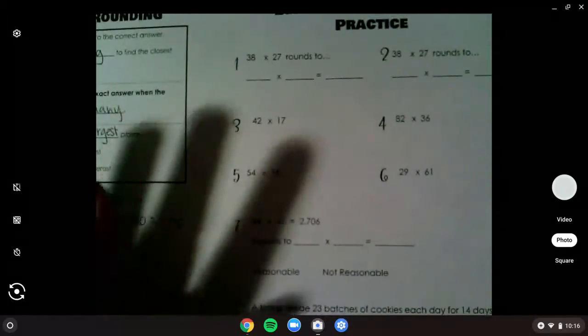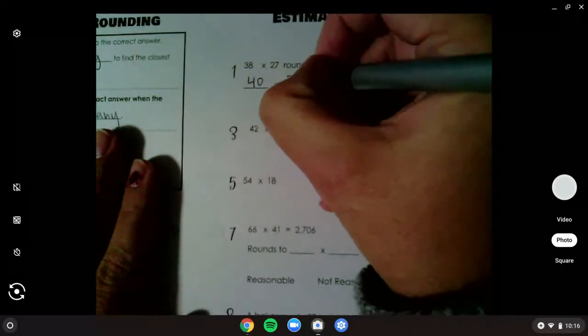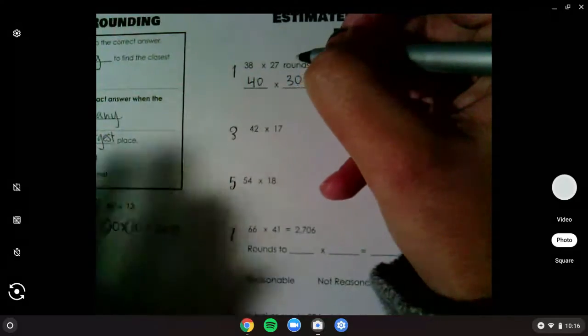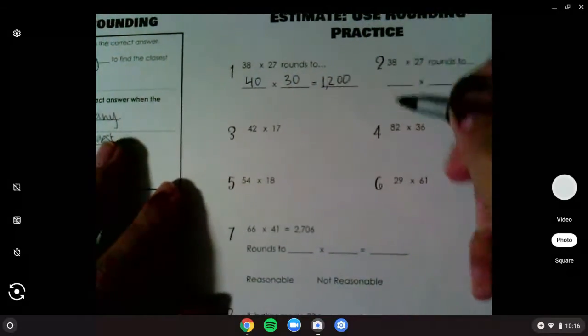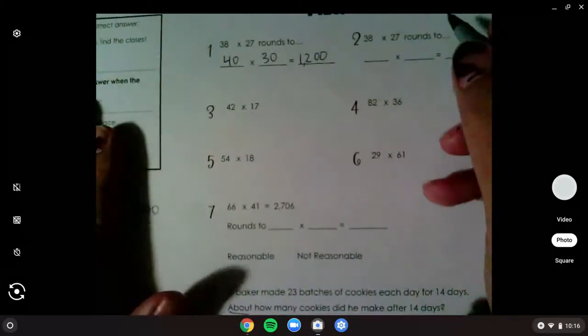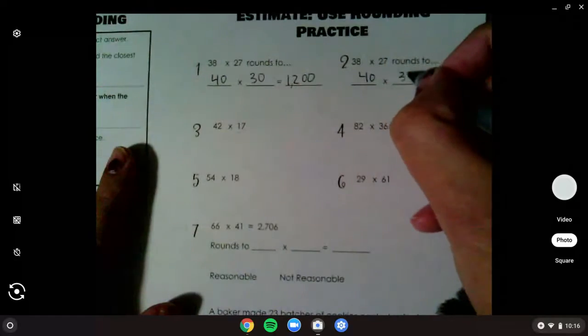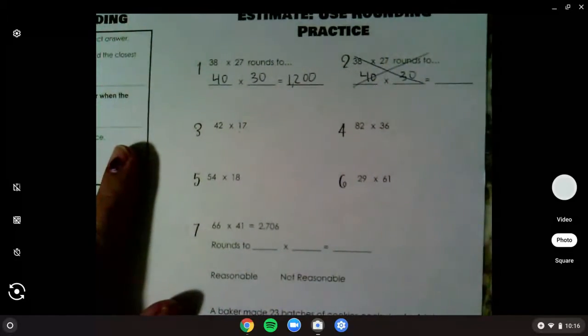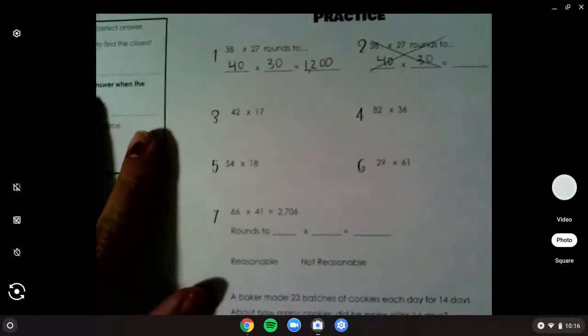All right, let's look over number 1. You should have gotten 40 times 30, which would get you 1,200. Number 2, you should have gotten 40 times 30, or you could just cross that off because I realize it's the same problem. Whoops. All right, let's try number 3.